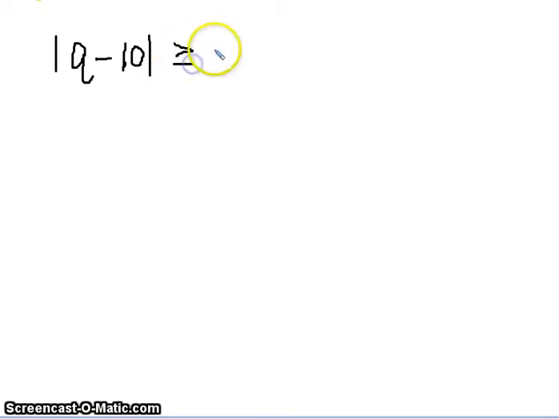Let's look at what happens very quickly when we have something like the absolute value of q minus 10 is greater than or equal to -1. Well, if we think about this, anytime it says that our absolute value is going to be greater than a negative number, the absolute value is always going to be positive.